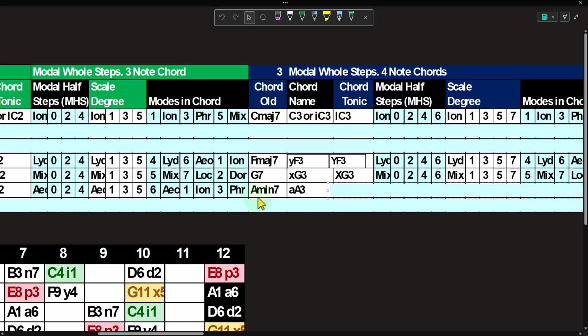Once again, this A minor 7 doesn't really tell you if it's Aeolian, Dorian, or Phrygian. This does. This gives you a lot more context of the song. So if you're trying to jot down, I'm going to come back to this in 3 weeks and look at it, this is going to tell you exactly what you were thinking, or at least a lot closer to it than that, right?